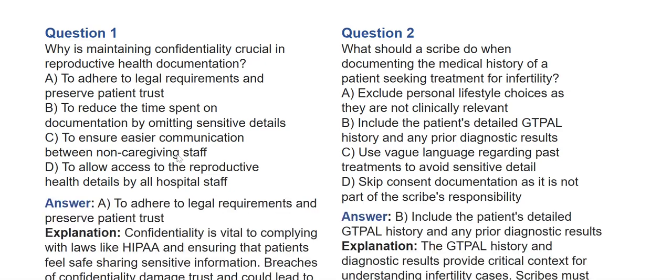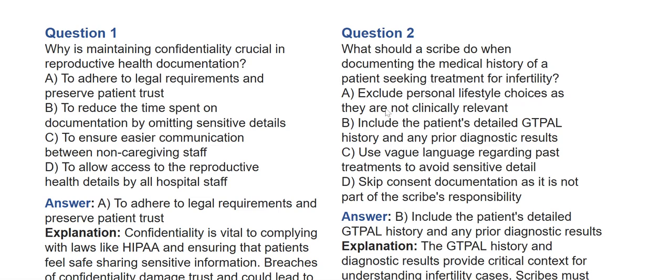Definitely the answer is A, as confidentiality is vital to complying with laws like HIPAA and ensuring that patients feel safe sharing sensitive information. Breaches of confidentiality damage trust and could lead to legal consequences. Question 2. What should a scribe do when documenting the medical history of a patient seeking treatment for infertility?